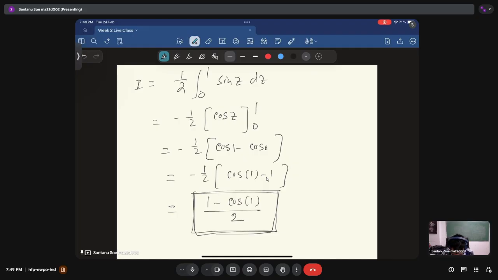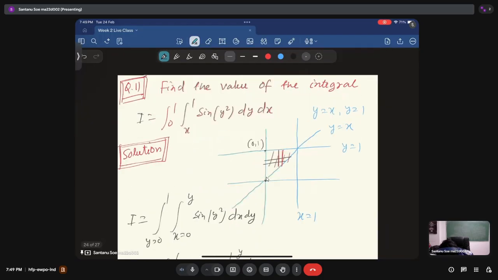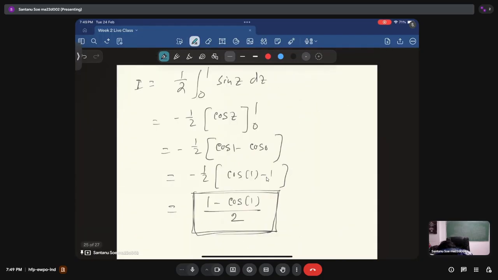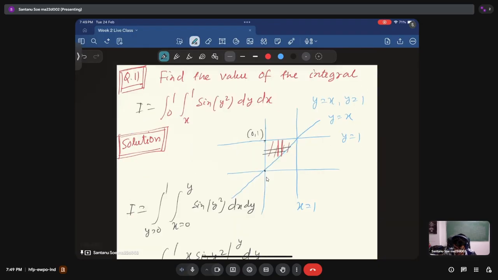So for this question our answer is 1 minus cos of 1 by 2. So I hope this is clear now.